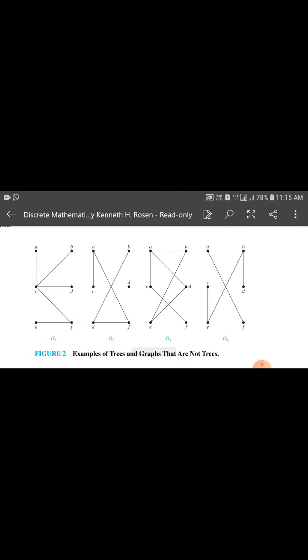Why? Observe. So G1 and G2. First, if you consider G1, we have vertices A, B, C, D, E, F and some edges. Observe here, no circuits are there, no multiple edges between any two vertices, and no loops for any vertex. So this is called a tree.